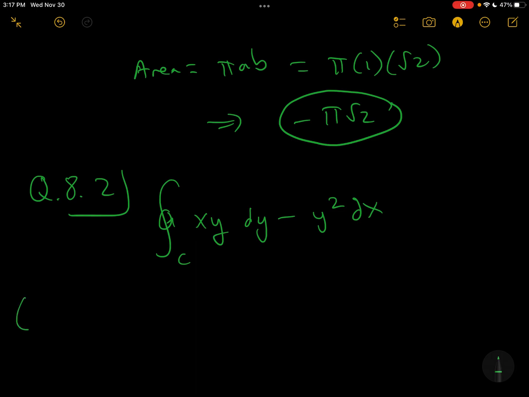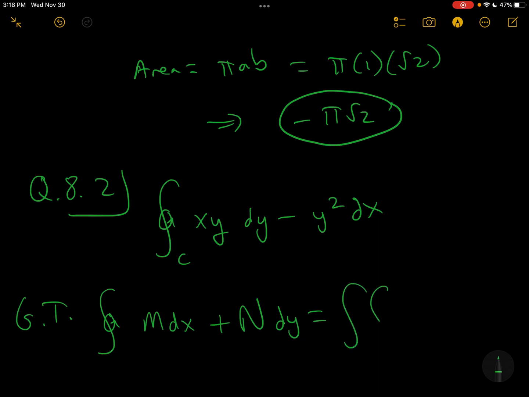And remember, Green's theorem says m dx plus n dy equals the double integral over the region R of n sub x minus m sub y dA.